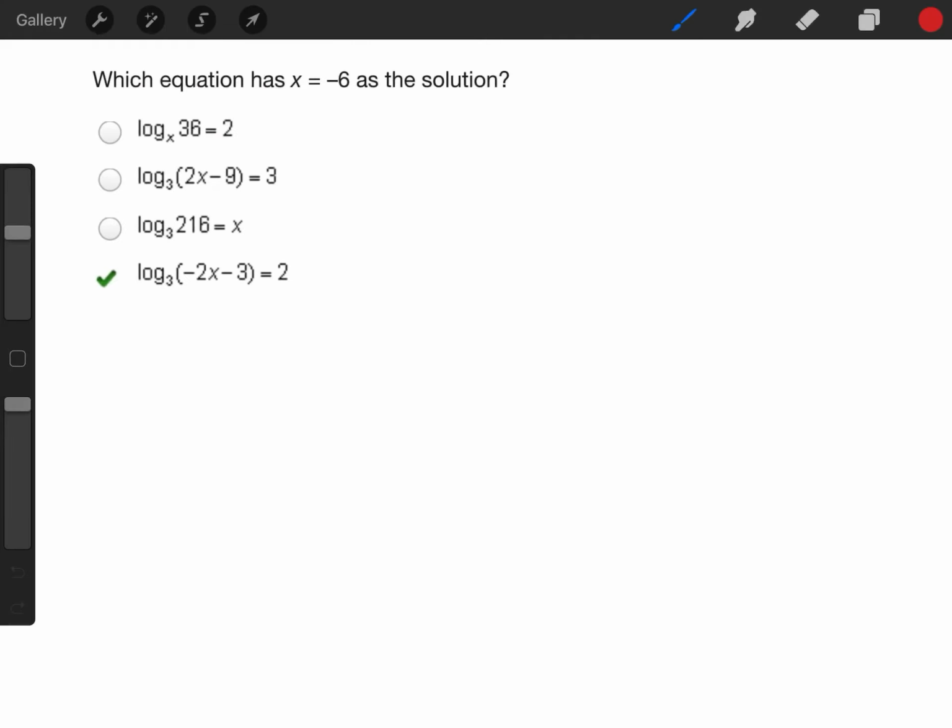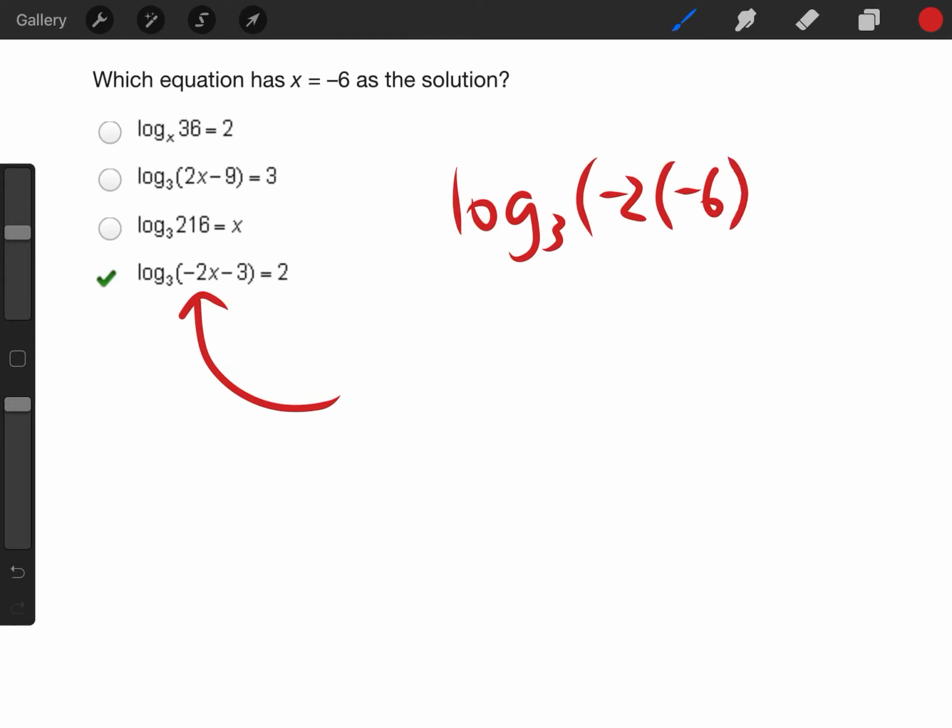Alright, which equation has negative 6 as the solution? All you need to do for this question is keep plugging it in. If you plug it in, this one is going to be the one. So log base 3, if you plug in x, you're going to have negative 6 minus 3, see if that equals 2. Let's solve the terms inside the parentheses.